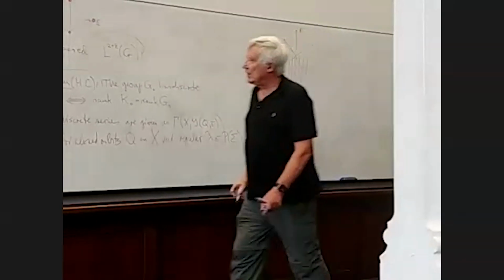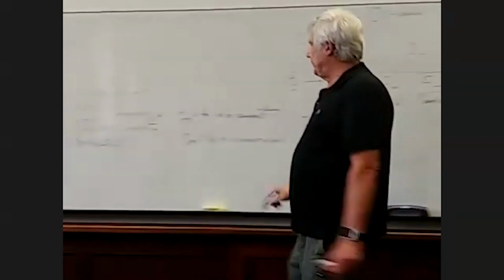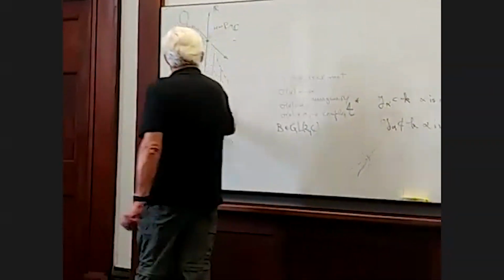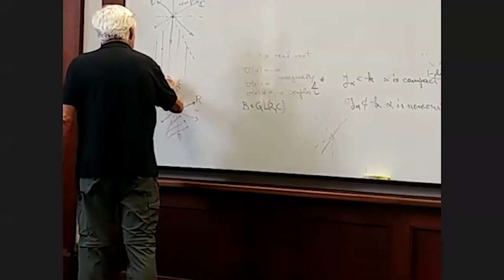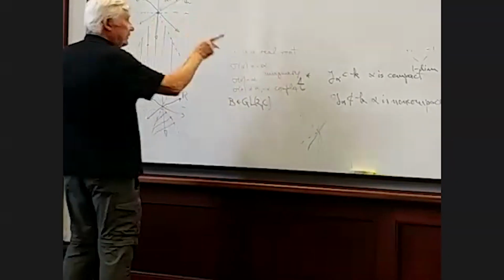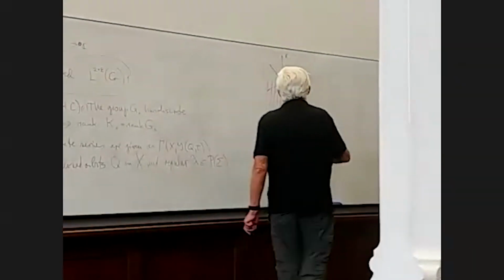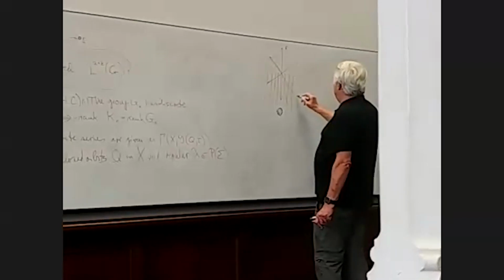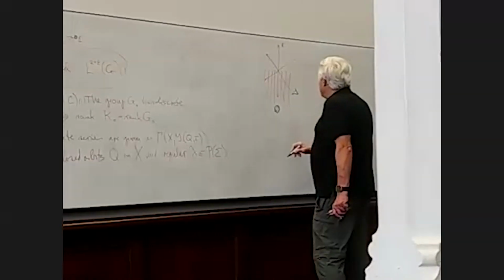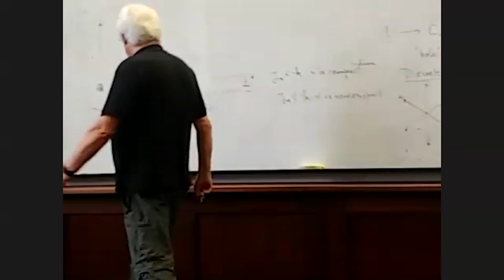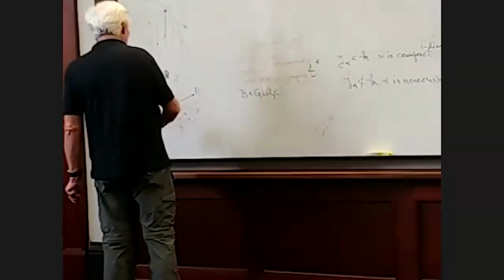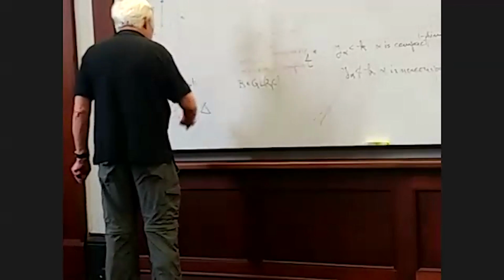This chamber corresponds to this one. See, the real roots are on the top, and this one is sideways. So let's put, say, a triangle here. This is this guy.